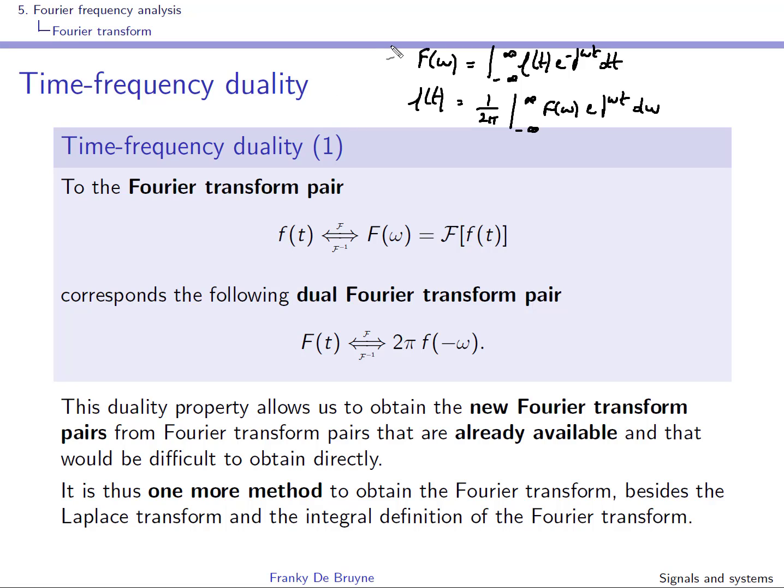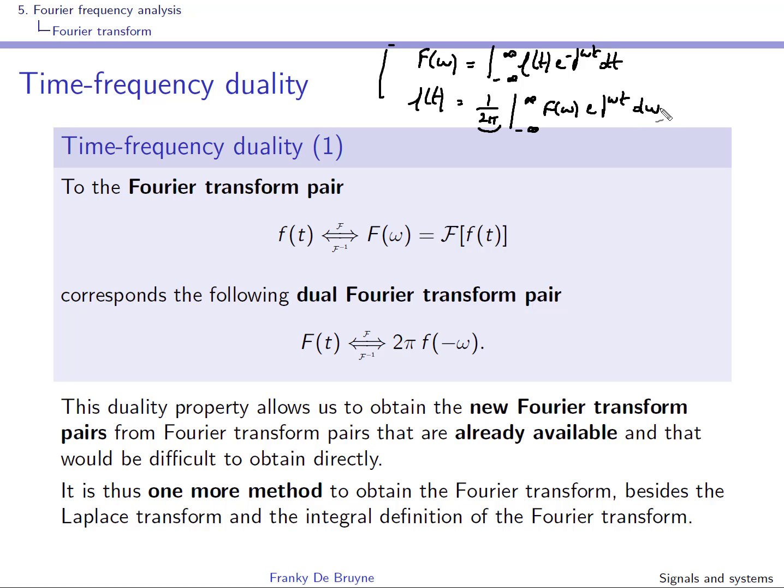When you look at these two formulas, you can see that there is some similarity. The differences are over here, of course: here it's a minus, there a plus, and here you integrate with time and there with omega.